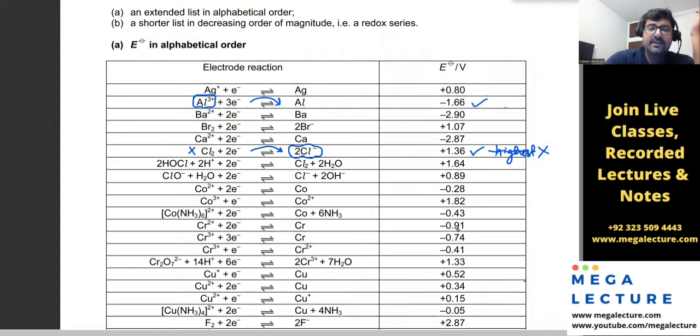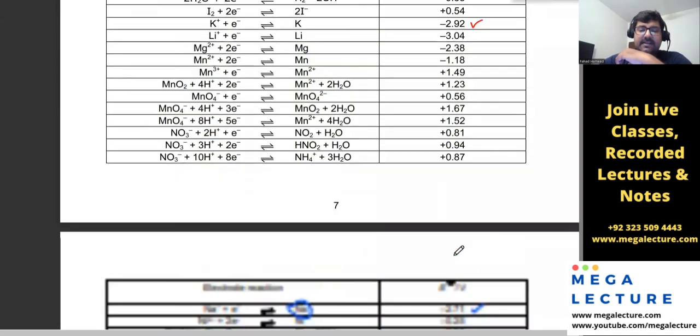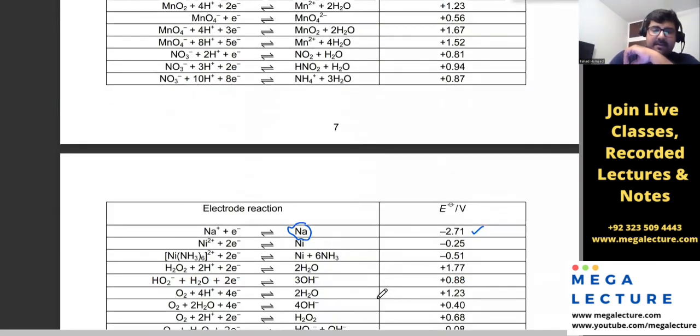And that's the one that's going to gain electrons, and that's fine. I've got Al3 plus, it can gain electrons, so there's nothing wrong with that. And the lowest is minus 2.71, so that is the sodium one, over here. And I do have sodium. Sodium would lose electrons, so that's fine. There's nothing wrong with it. But whichever you choose, it should be your reactant that is gaining or losing electrons.